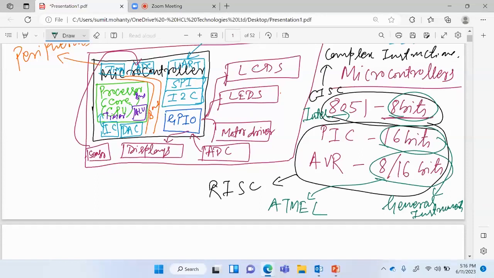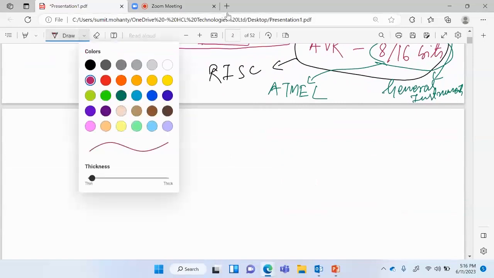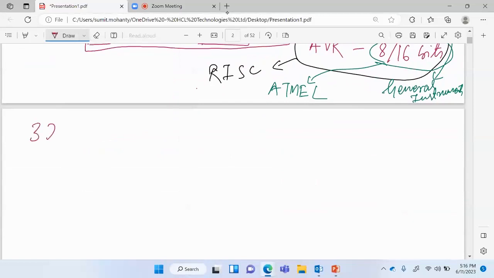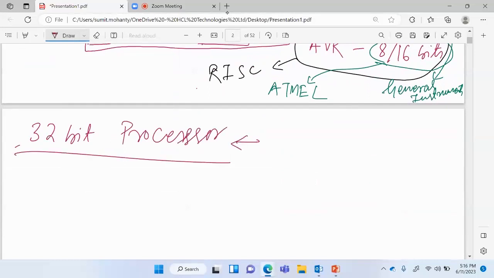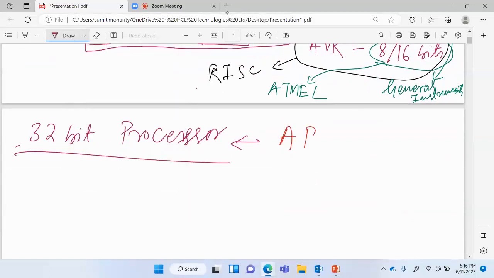Now what we are going to discuss is a 32-bit processor, and this 32-bit processor is called ARM. What is ARM?